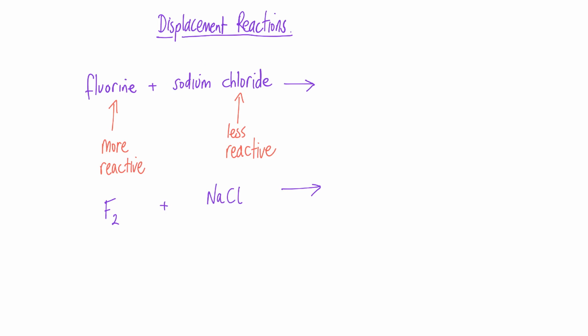So what we get as a result of this is we end up with sodium fluoride. So the most reactive thing steals away the sodium, and we change the end of the name when it's bonded to the sodium. And the other thing, which was less reactive, has lost the sodium. It's gone back to its original name from the periodic table. So that's why we get sodium fluoride and chlorine.